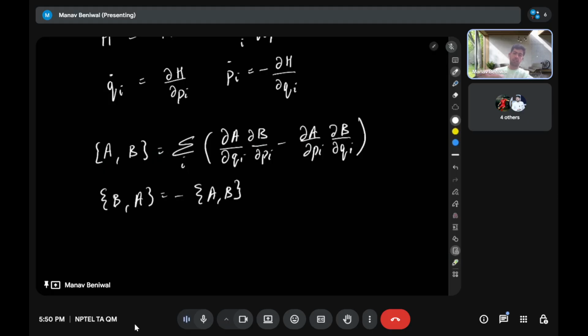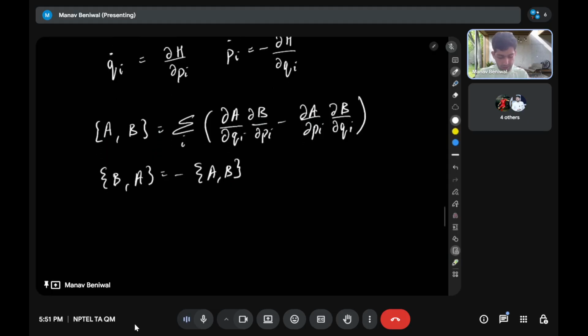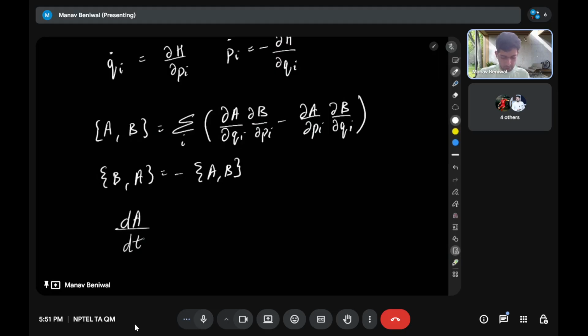Now why is this important? From Newton's law we get the equation of motion of a particle, but in Hamiltonian or Lagrangian mechanics, the time derivative of any physical quantity A is defined by these Poisson brackets. So dA by dt is given by the Poisson bracket of A and H, where H is our Hamiltonian, plus the partial derivative of A with respect to time.